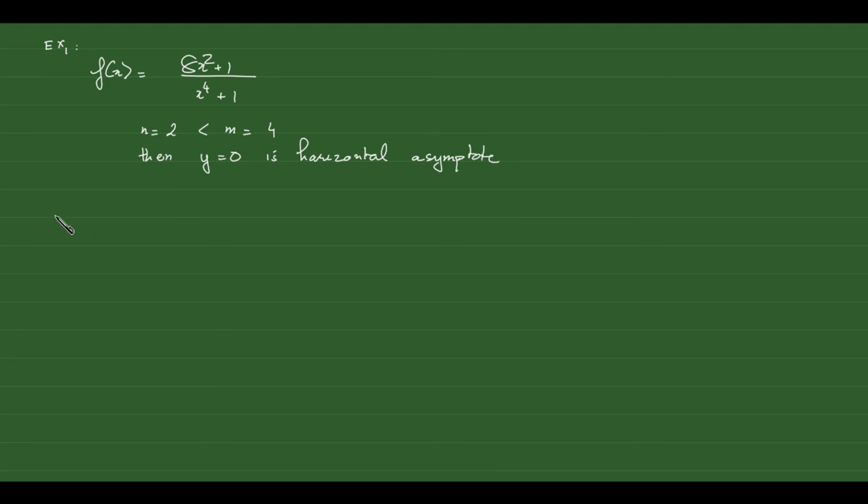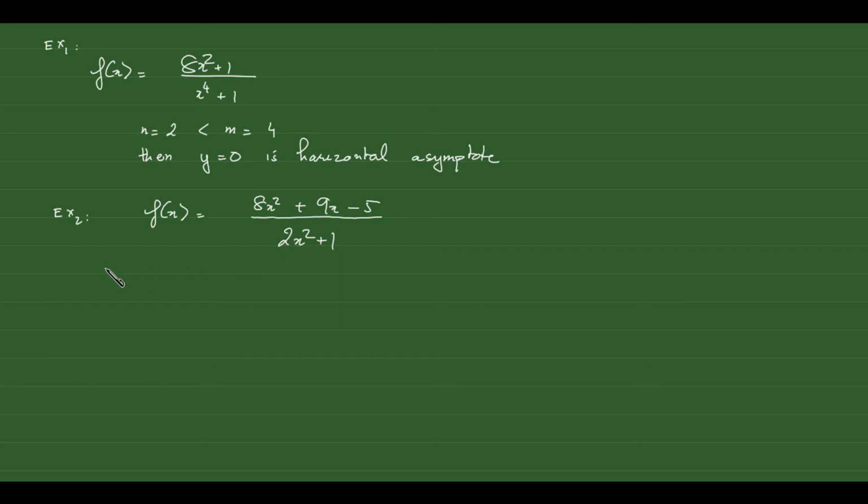Okay. How about this one? Number 2. How about I have 4x squared plus 9x minus 5 over 2x squared plus 1. Alright, so you see the degree on the top and the degree at the bottom are the same, right?